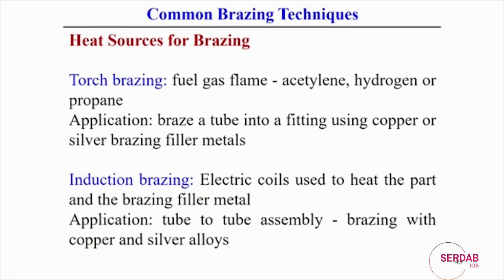Here the electric coils are used, and it is a more controlled way: we can control the amount of heat and the temperature of the filler material as compared to the simple torch brazing process.